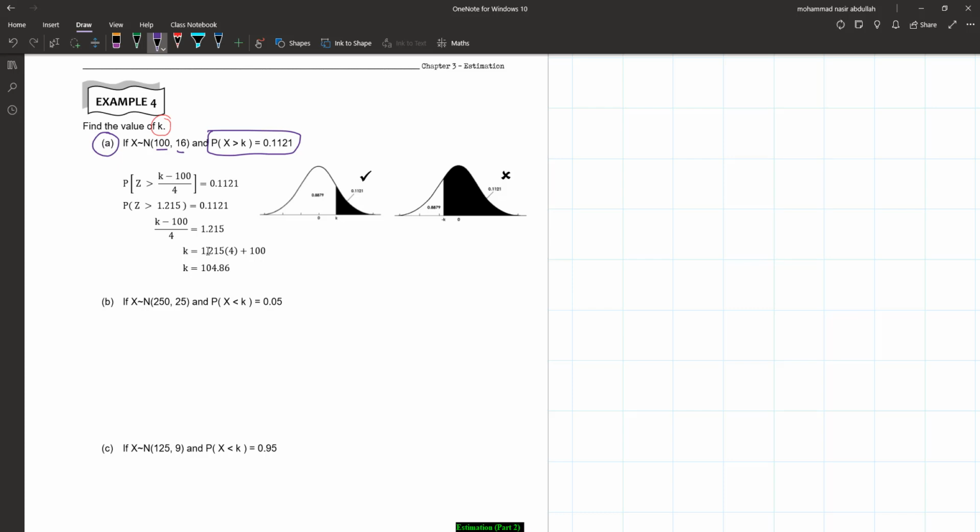Right? So we need to convert. The first step is we need to convert to the standard normal distribution. Then we can find the value K here.